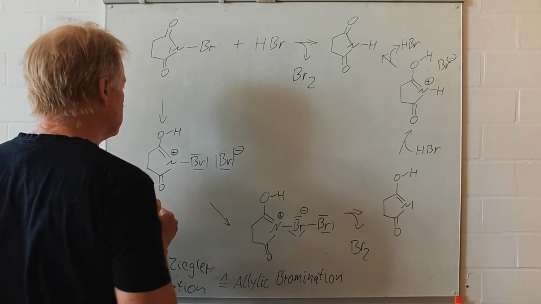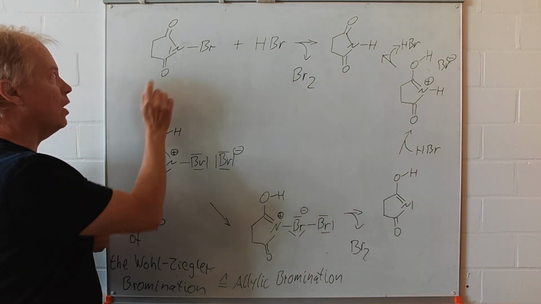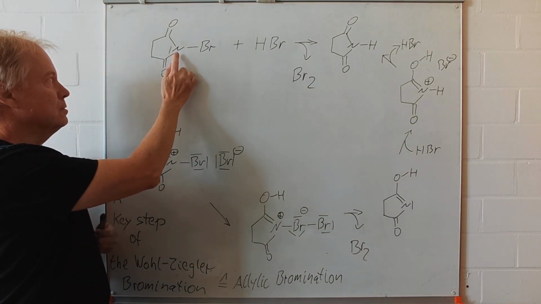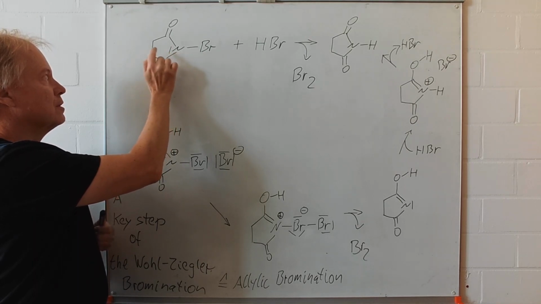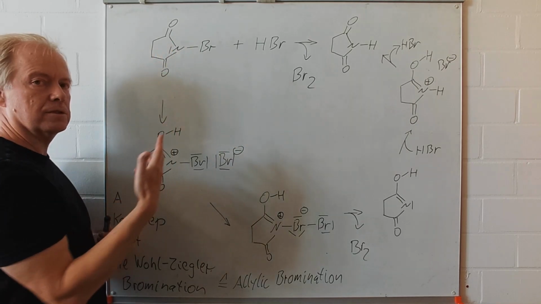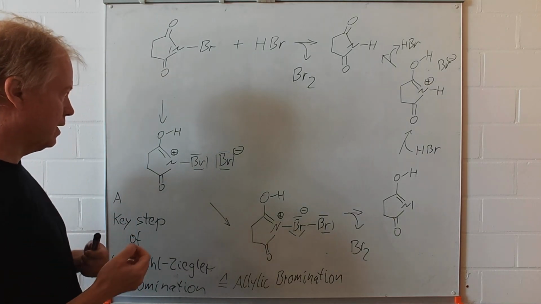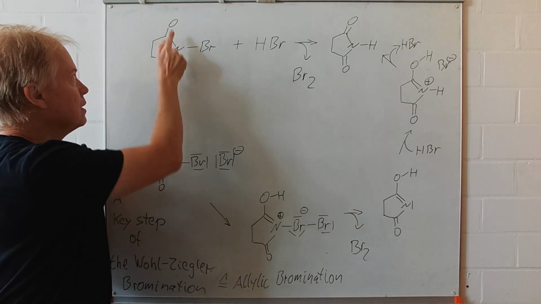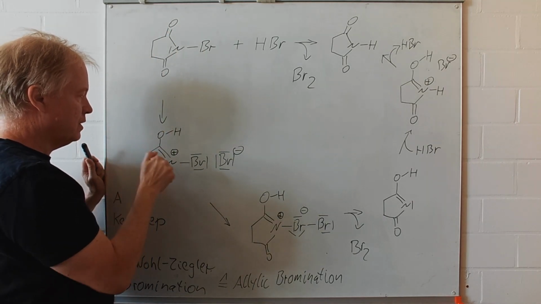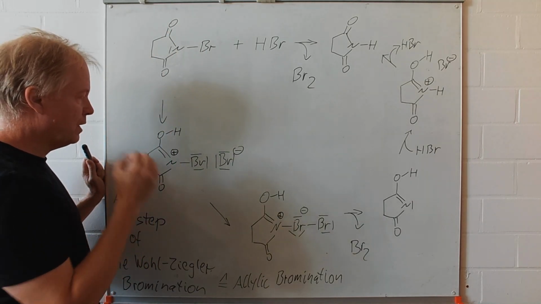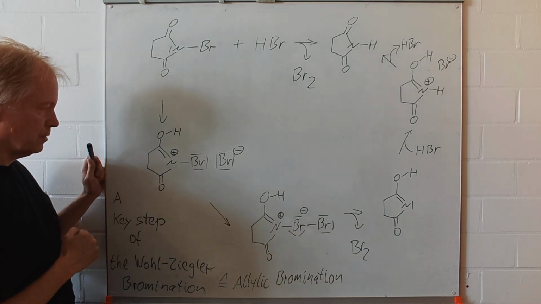It is protonated, and not at the nitrogen, because if we protonate here we get a cation which is not mesomerically stabilized, but protonating at the oxygen we now have a mesomerically stabilized system.